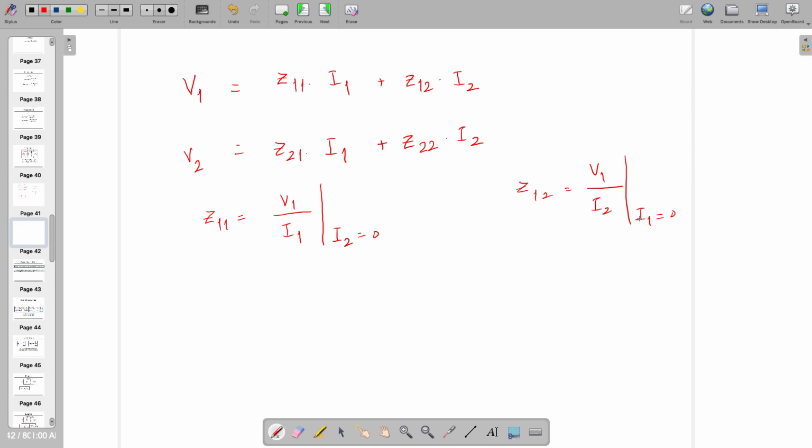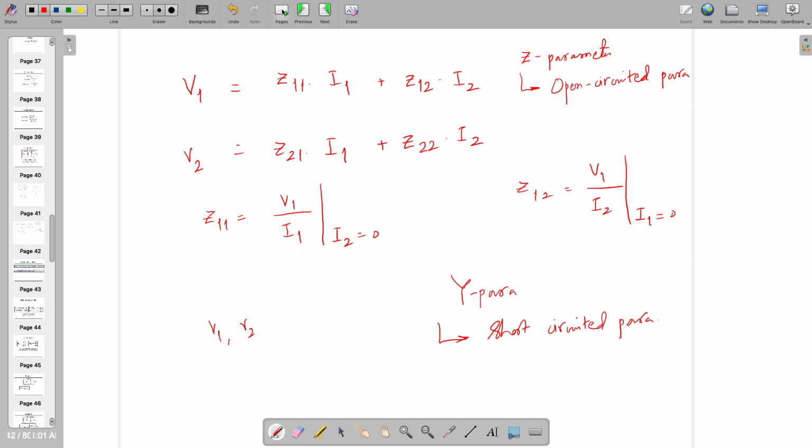Such Z parameters are found by keeping one of the currents as 0. We call such Z parameters open circuited parameters. Similarly, for Y parameters, where V1 and V2 are considered as 0, such parameters are known as short circuited parameters.